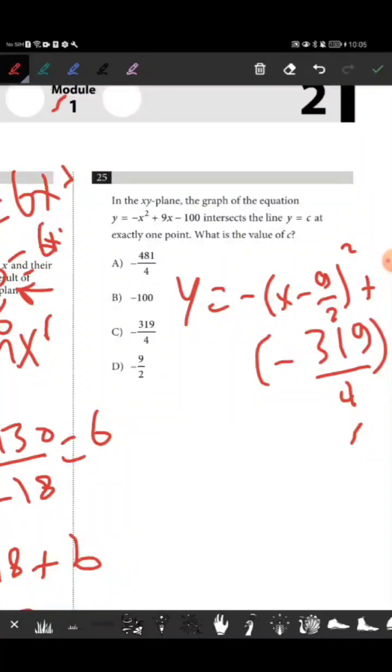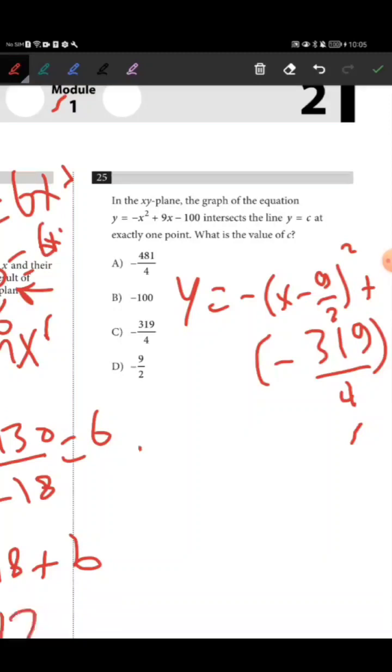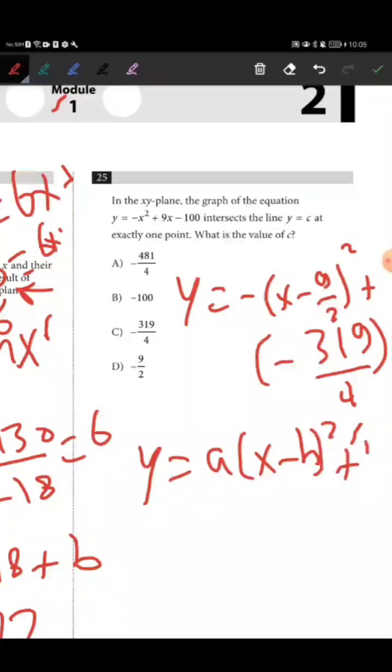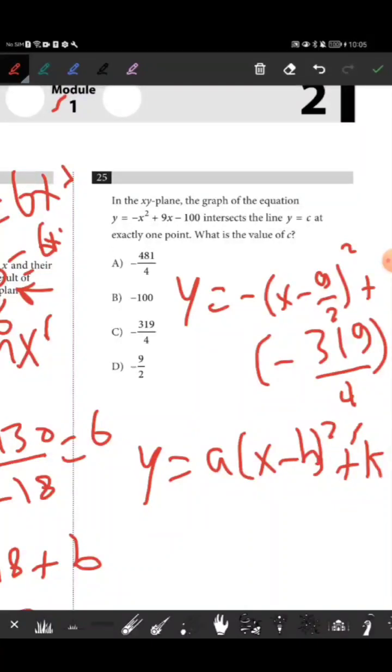We need to transform this equation to the vertex form, which is y equals a(x minus h) squared plus k. How do we do that?